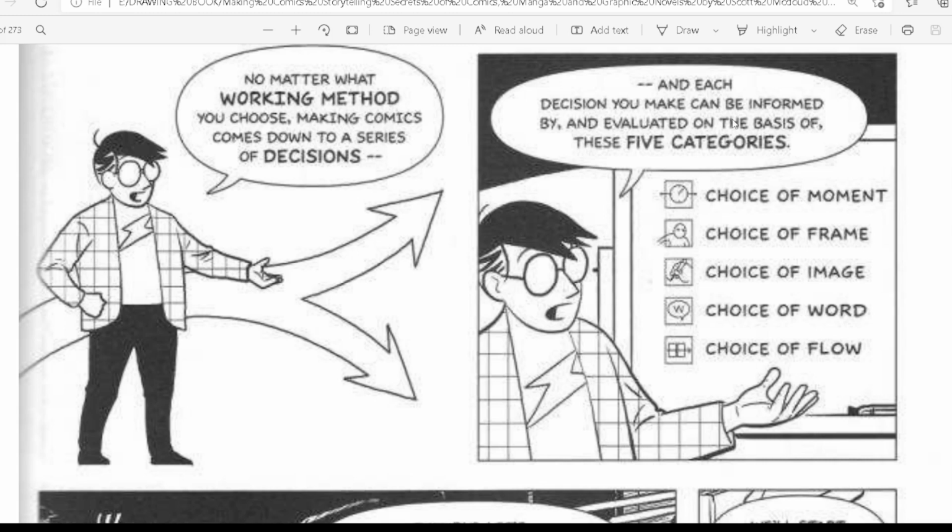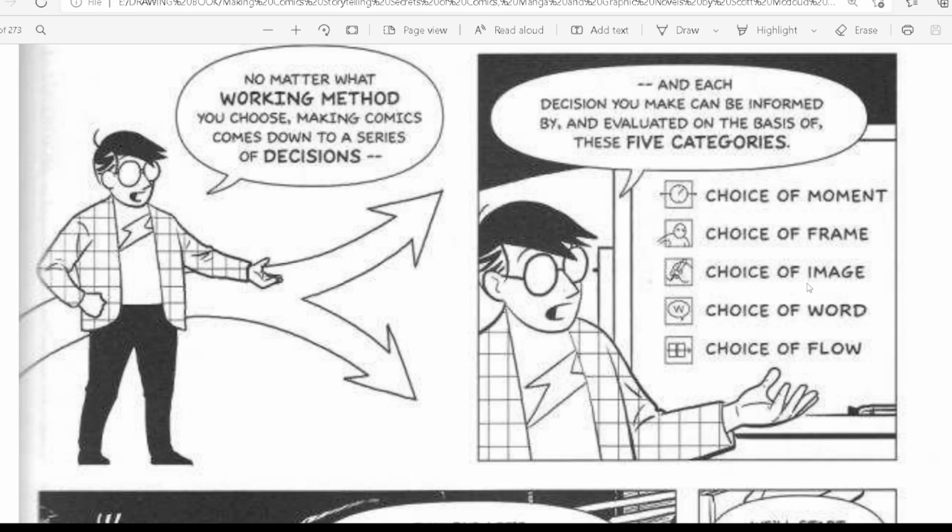So basically the author wants to say that whatever you are making, at the end you can see whether the choice of moment is good or whether you should make it better.